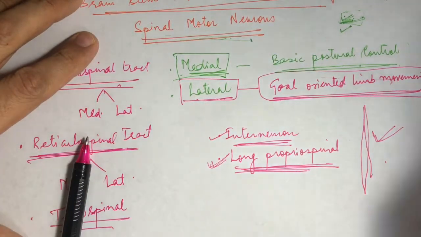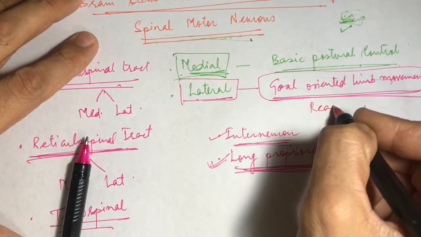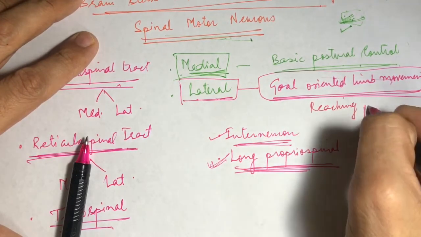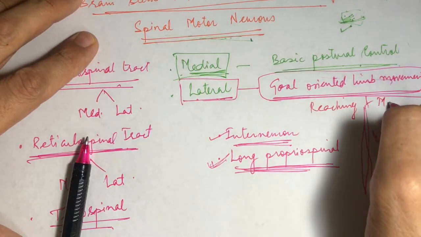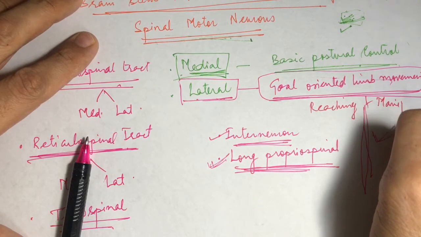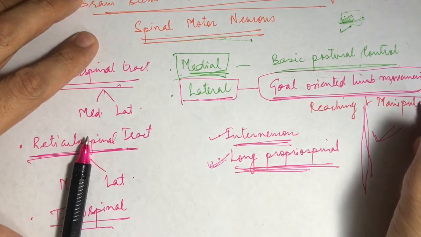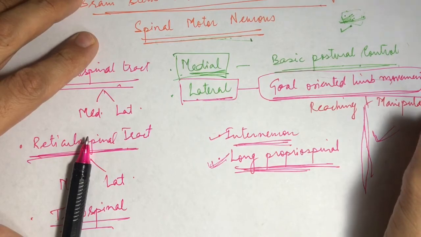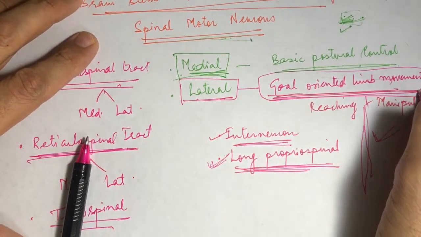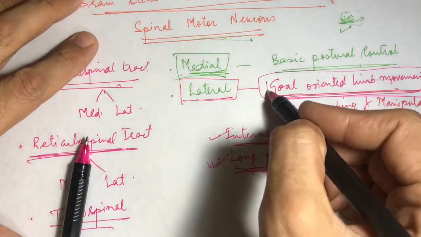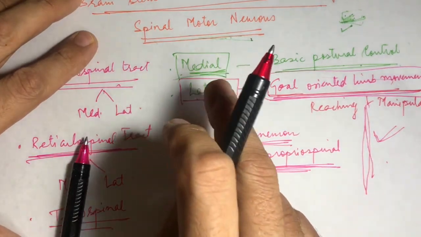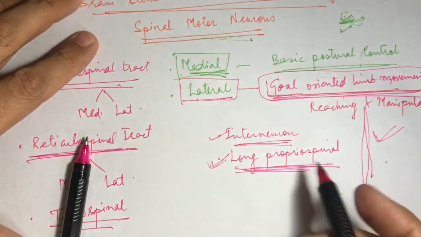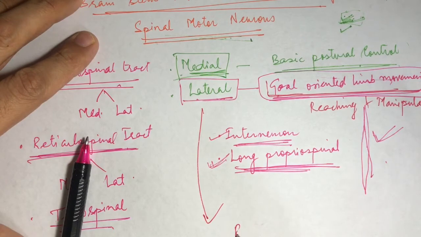Reaching to a particular object, and when you want to lift it up, pick it up, or do any manipulation. So reaching and manipulating movement is performed via the distal limb muscles, and that is controlled by the lateral brainstem pathway.